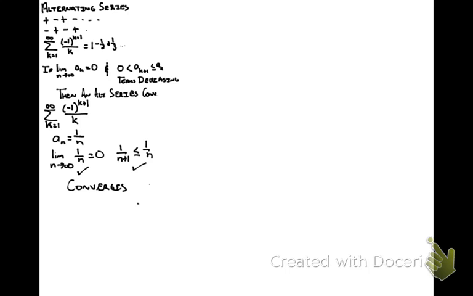Now we might consider a different series, something like the sum of the series from k equals 1 to infinity of negative 1 to the k plus 1. That part just lets us know it's an alternating series and that the first term will be positive, the second term will be negative, so on and so forth. And the rule of the terms besides the sign is 2k plus 1 over 3k minus 1.